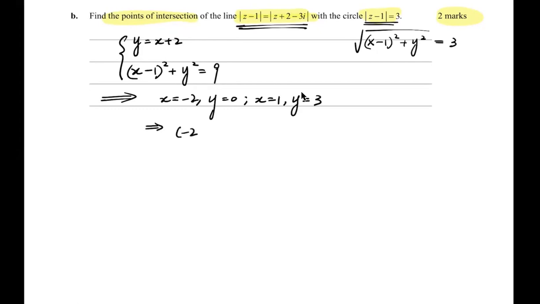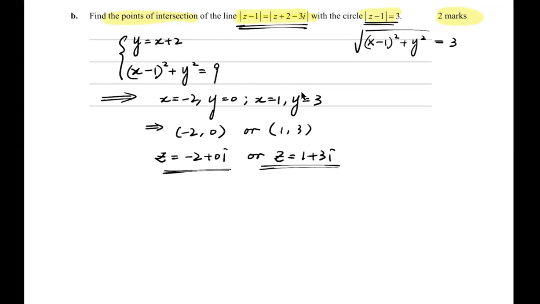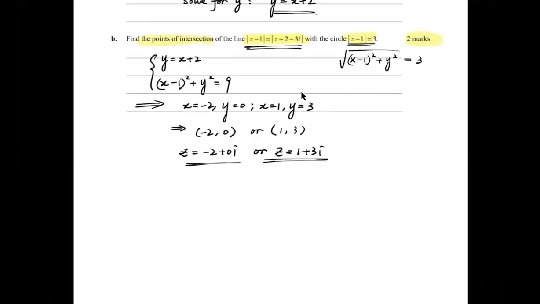So either (-2, 0) or (1, 3). Or we can say z equals minus 2 plus 0i, or z equals 1 plus 3i. Okay? Now, moving on.